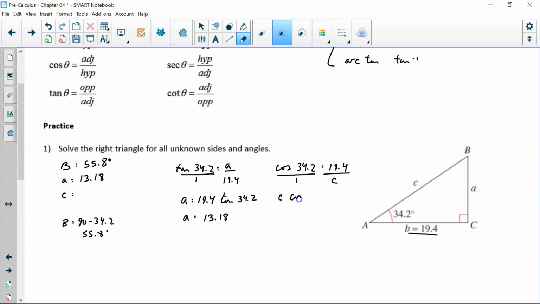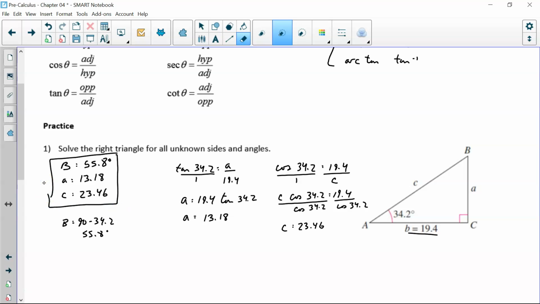C times the cosine of 34.2 equals 19.4, and divide both sides by the cosine of 34.2. So C equals, and when you divide, make sure you're in degrees still, 23.46. And there we go. We found all of the missing sides and all of the missing angles.